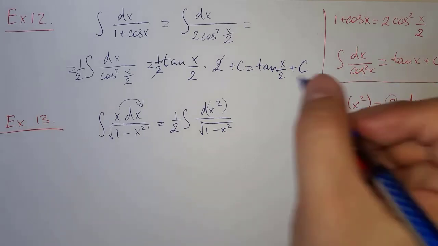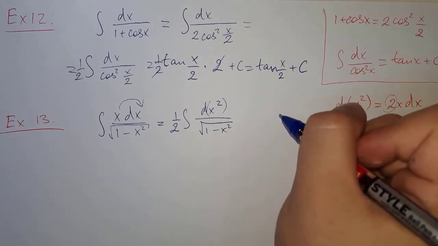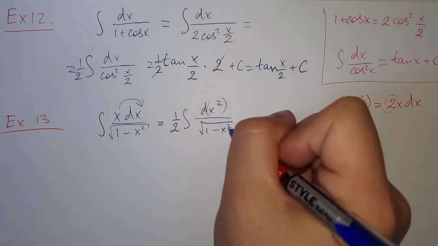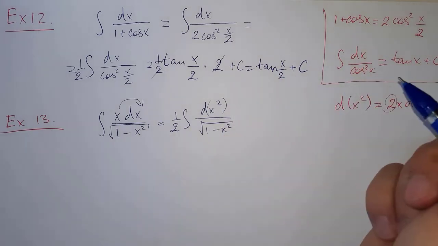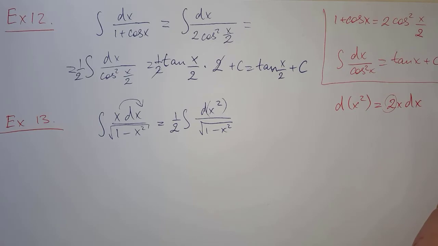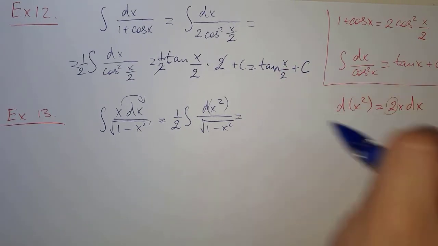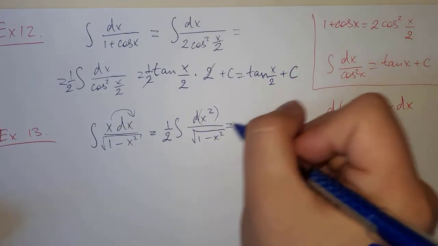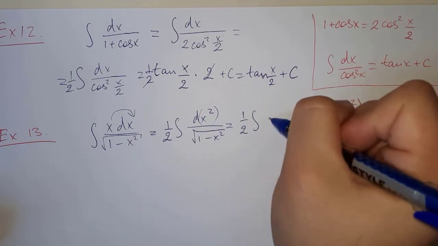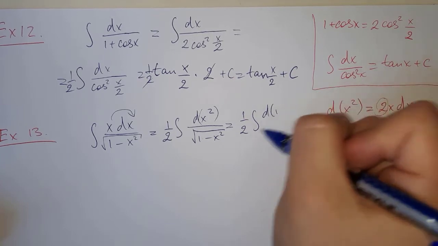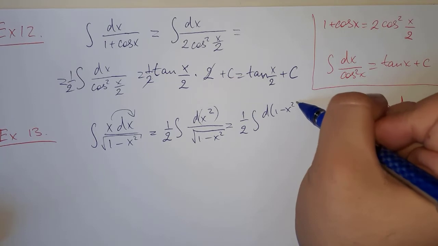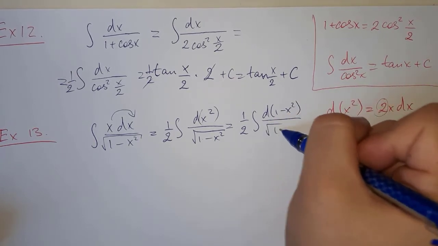But here we can add this one also, because it does not change our differential. The differential of 1 minus x squared is again equal to the differential of x squared. So let's add this: 1 over 2 integral d of 1 minus x squared over the square root of 1 minus x squared.